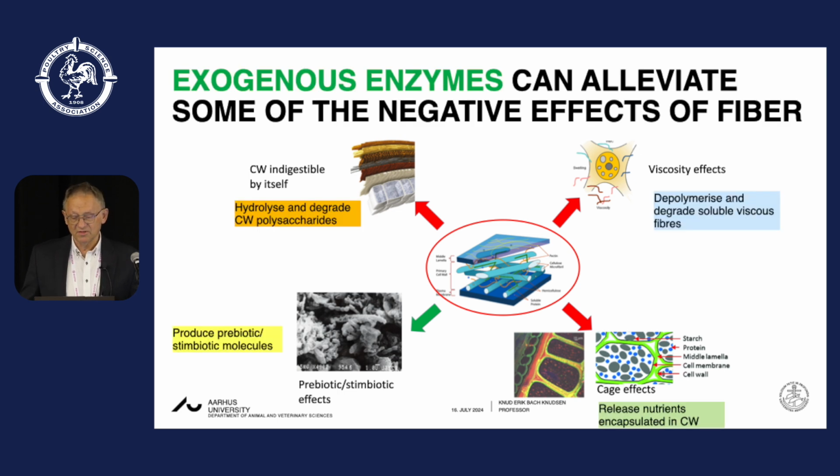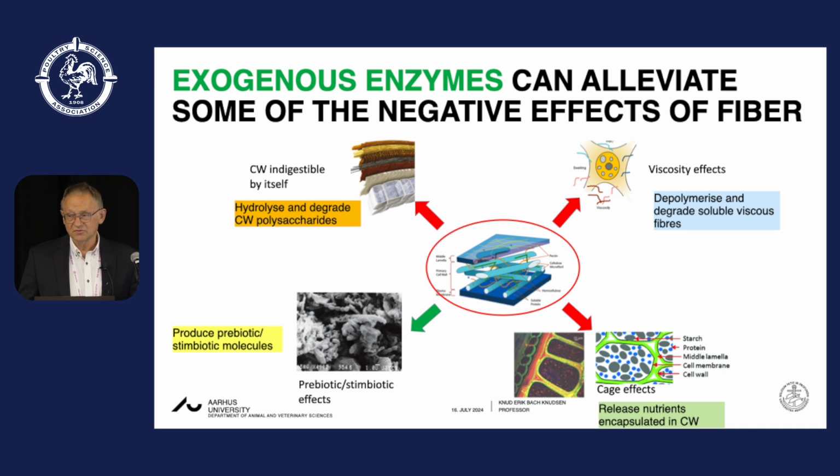But what can be done with the exogenous enzymes? First of all, they can potentially hydrolyze and degrade the cell wall polysaccharides. They can also, and that happens very efficiently actually, depolymerize and degrade soluble, viscous fibers in the gastrointestinal tract.